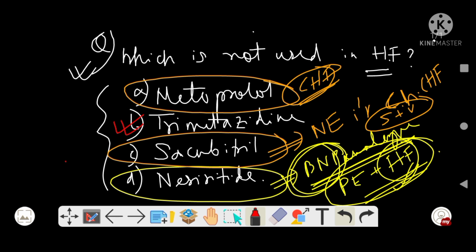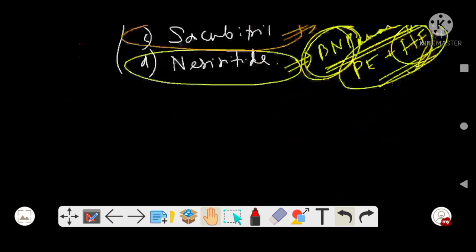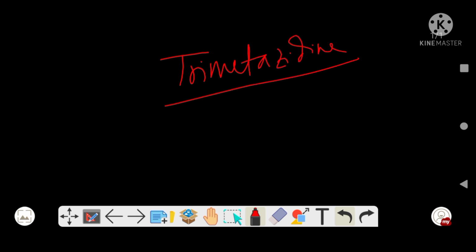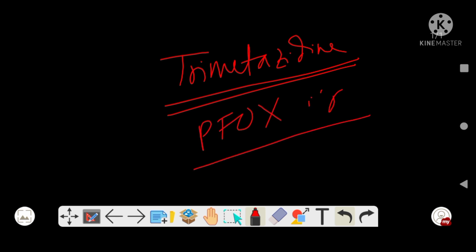Now I will discuss trimetazidine. I will take a fresh page. What you should know about trimetazidine is that it is a PFOX inhibitor. PFOX is partial fatty acid oxidase.